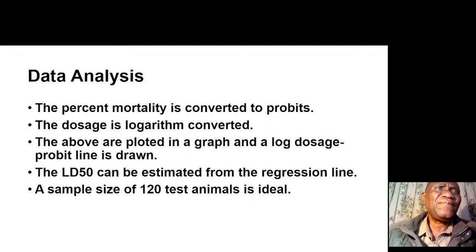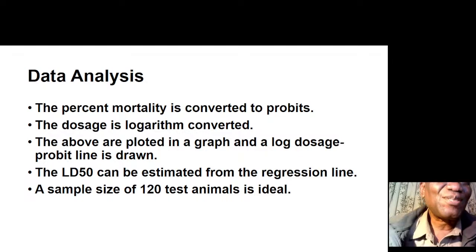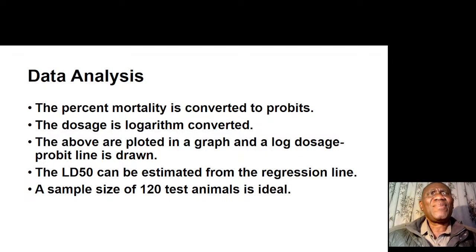Now you get a regression line, so you can estimate the LD50 from the regression line. And for the sample size of test animals, usually you want about 120 test animals.